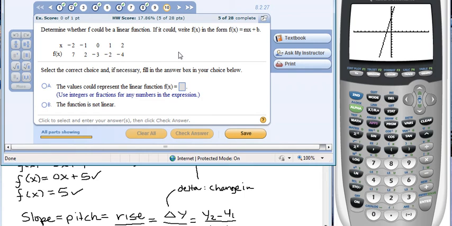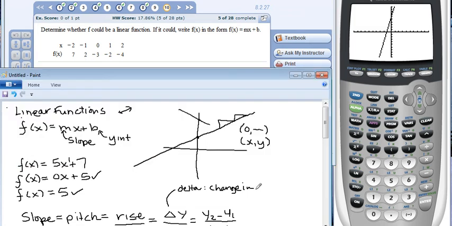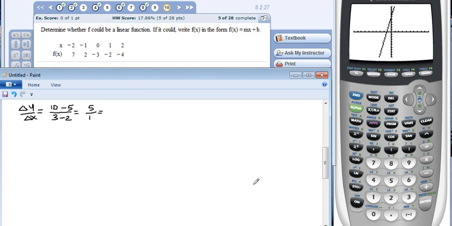Okay, so let's take a look at this one, and let's try to find out if this one's linear or not. So let's just take this point, just randomly, and this point, okay? All right, so we have delta y over delta x. So we're going to go from -4 down to 2.